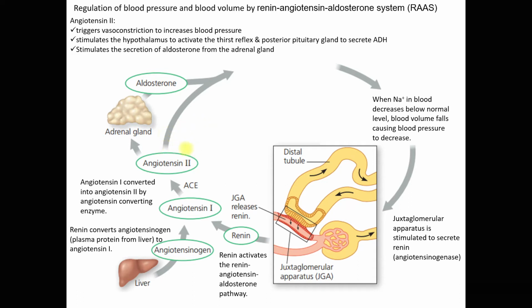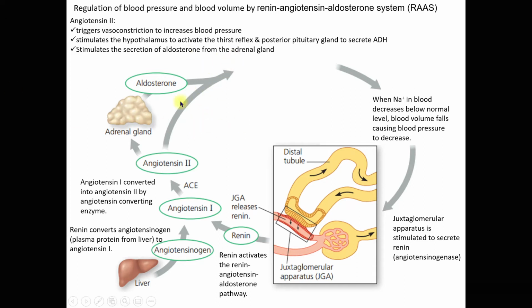And this angiotensin 2 also stimulates the posterior pituitary gland to secrete ADH. We have already discussed in our previous video the role of the ADH, which is that it causes the active reabsorption of water from the distal convoluted tubule and collecting duct into the peritubular capillaries. That's why ADH is also known as an antidiuretic hormone.